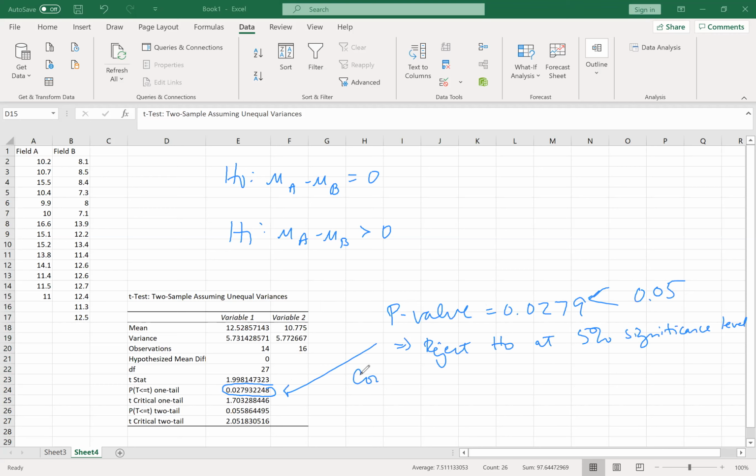And what we conclude is field A has a higher soil water content on average than field B.